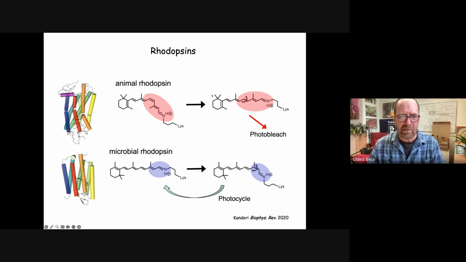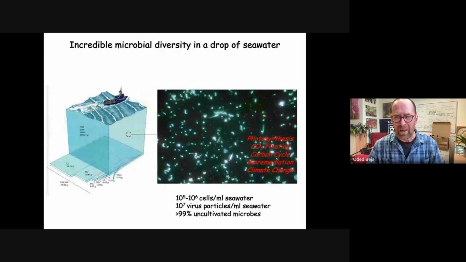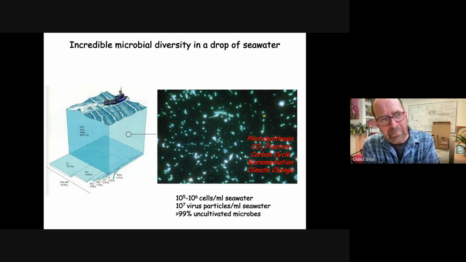What you see at the top are the animal rhodopsins or visual rhodopsins. And I'm going to talk about the microbial rhodopsins and different discoveries in the last, I would say, 30, 40 years in one show. Okay, so my lab is mainly interested in marine microbes.